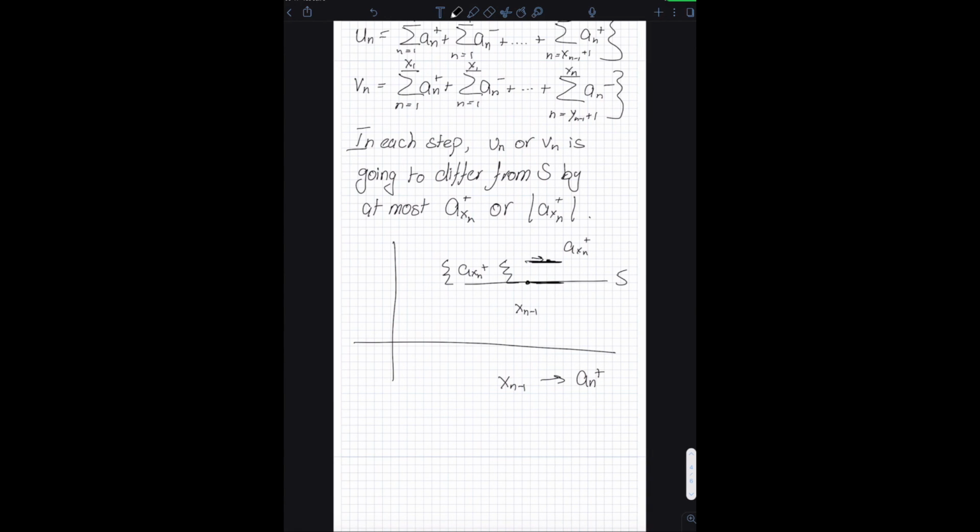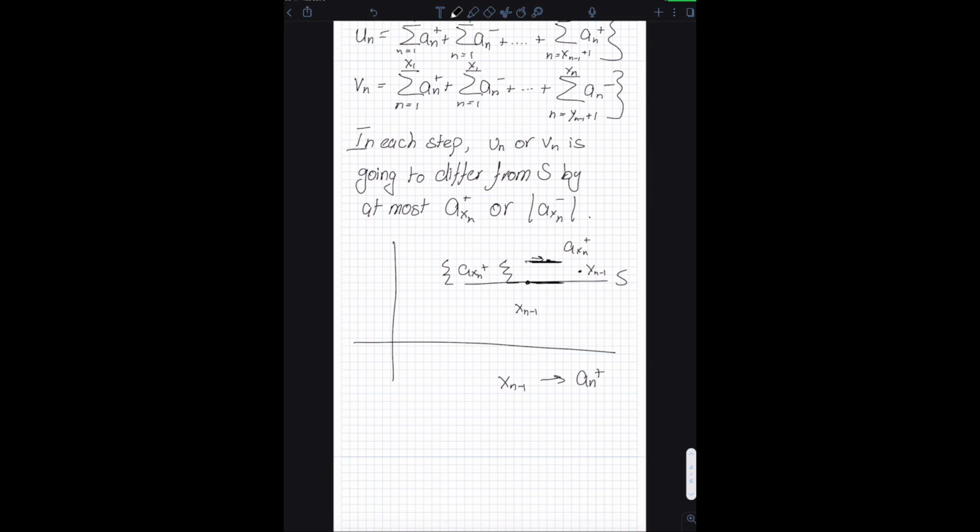It can't be anything larger than that, because that's the largest value I can add. After that, my iteration will end, because that would be the least number of terms I need to exceed s at that point. So I will differ from s by at most a of xn plus or a of yn. So this should be negative a of yn minus if I'm subtracting something. So if I've just subtracted y of n minus 1 terms, I'm at something that is larger than s.